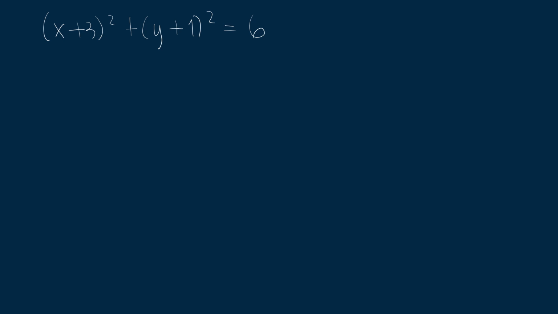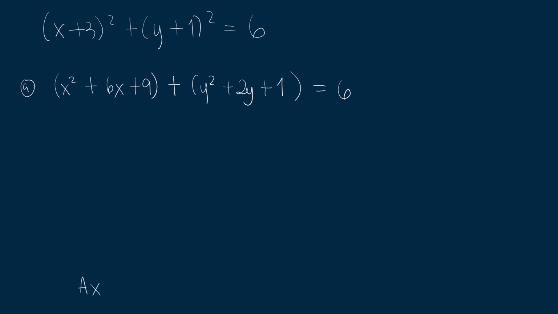So we have (x plus 3) quantity squared. If we expand x plus 3 using special products, binomial expansion, and the FOIL method, it will result in x squared plus 6x plus 9 plus y squared plus 2y plus 1 is equal to 6.